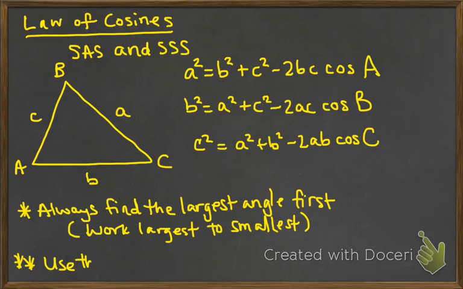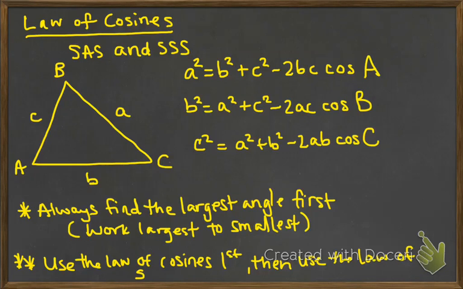So use the law of cosines first, then use the law of sines to find the rest of the missing items.